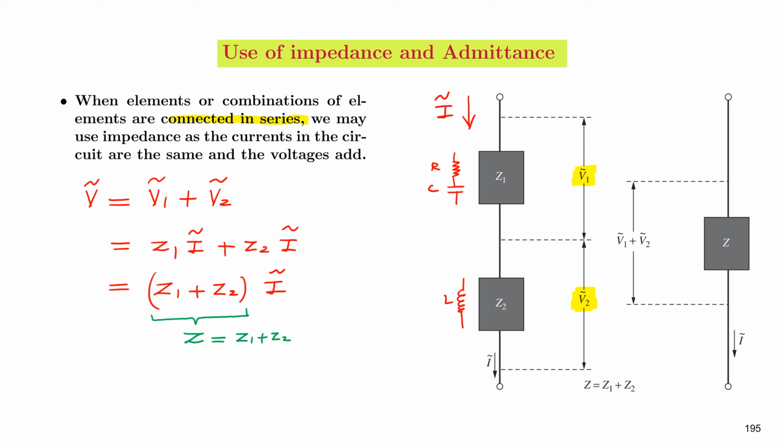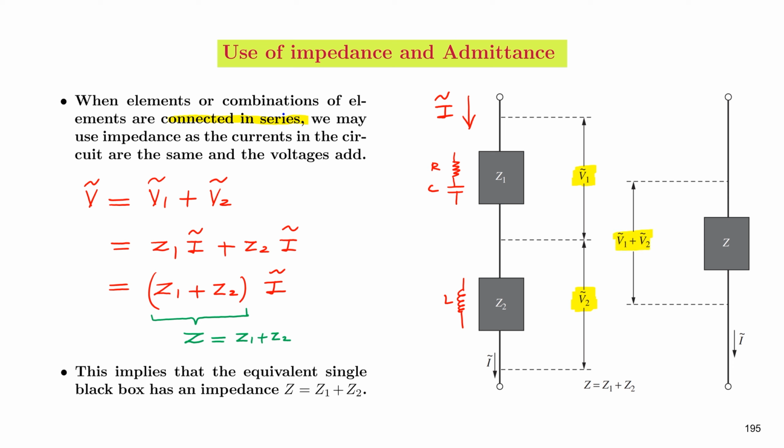This is shown in the second figure, where the series combination of Z1 and Z2 has been replaced by a single element Z, and the potential drop across Z would be V1 plus V2.